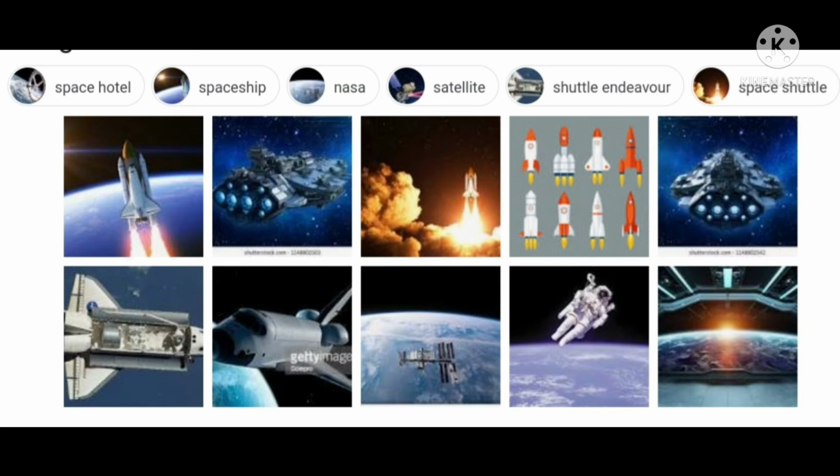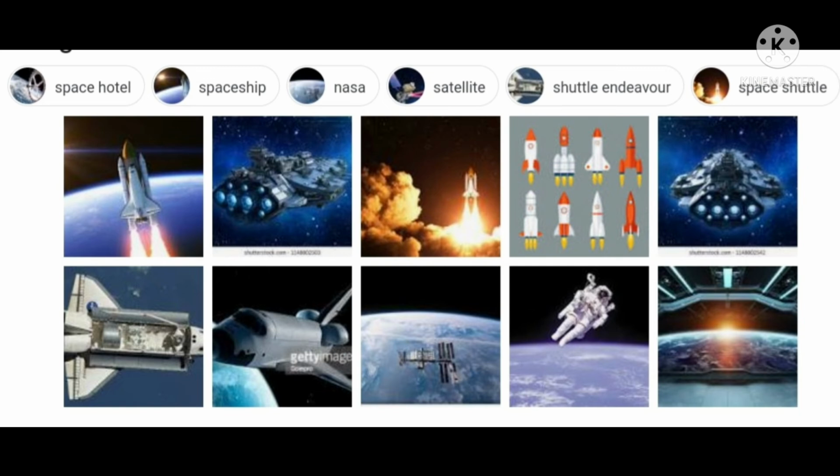Now these are the wonderful satellites, the man-made satellites which go into space and they move around the earth and they help us in so many ways. They help us to know the temperature, they help us in communication, and they also help us in navigation. They send signals from the space, and we come to know about the various things that are happening on the earth.